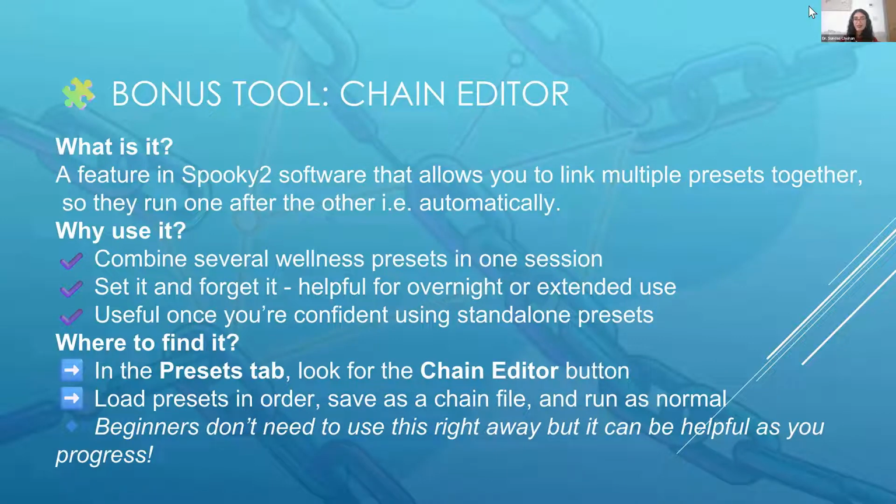But if that's not the case, you might have to edit the settings with the chain editor and change the repeat of that preset to 1. Then it will allow the presets to flow from one to the next.